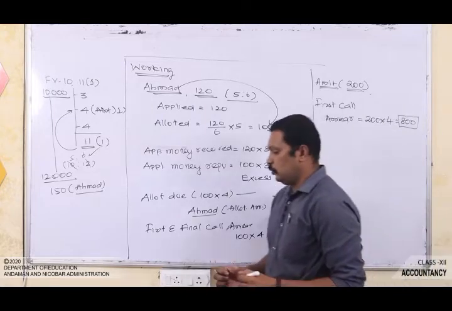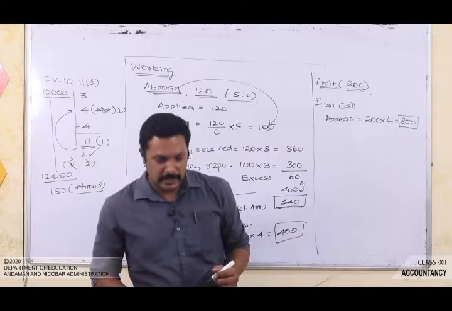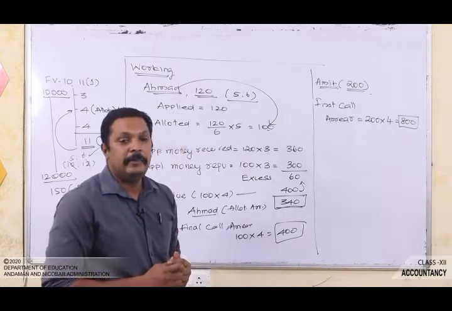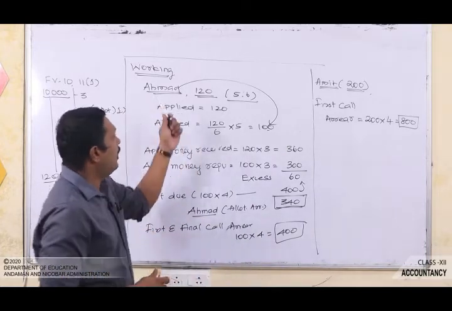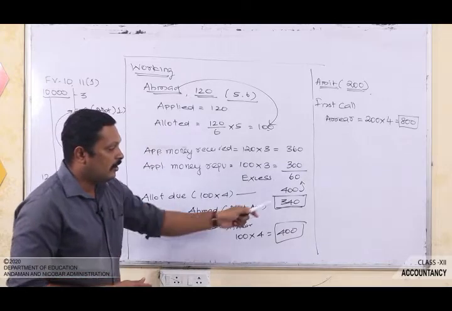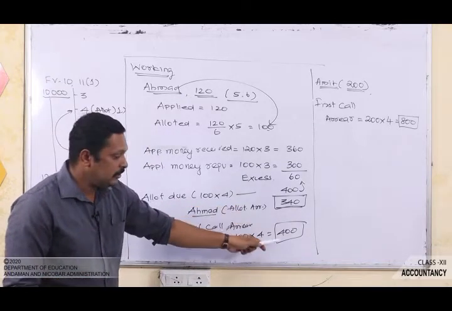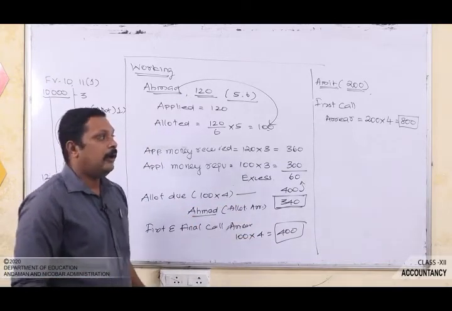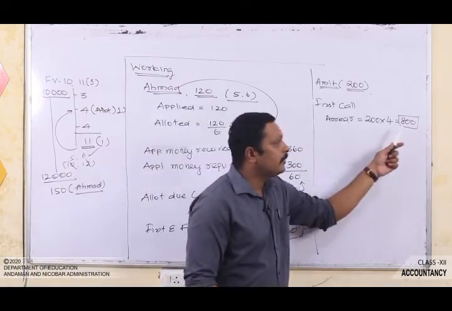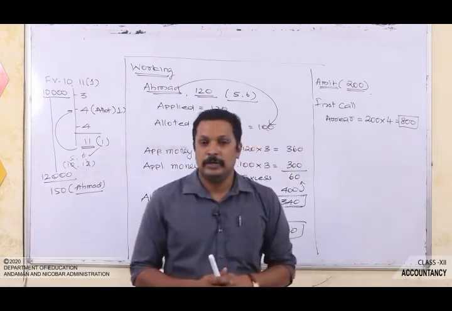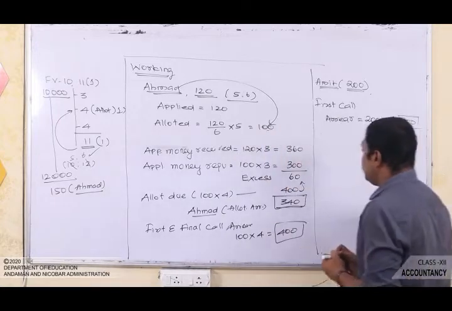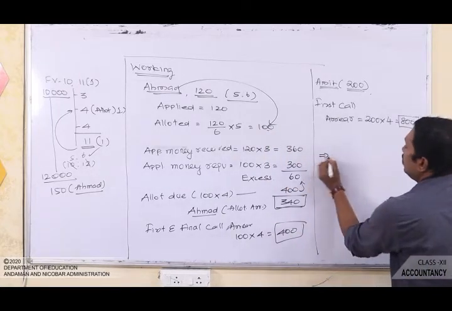So, this is the working note as far as Ahmed and Amit are concerned. Ahmed could not pay allotment and first and final call. Amit could not pay first and final call. So, how much amount is arrear in allotment?